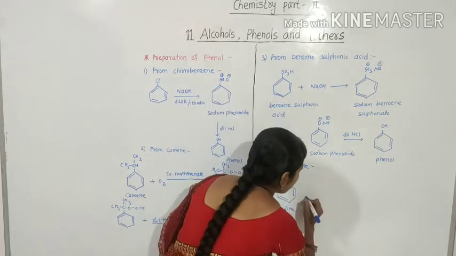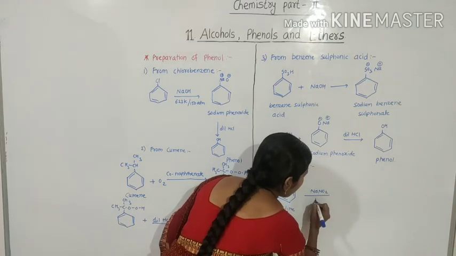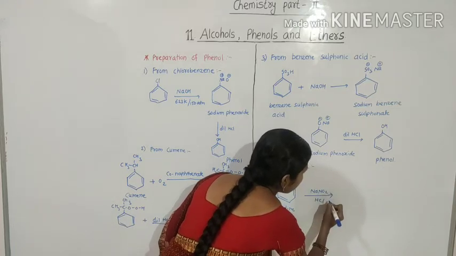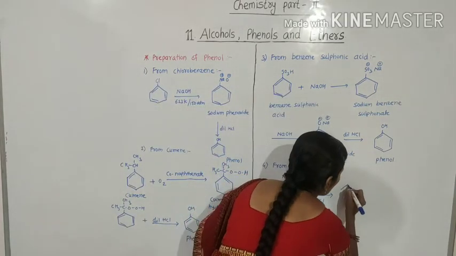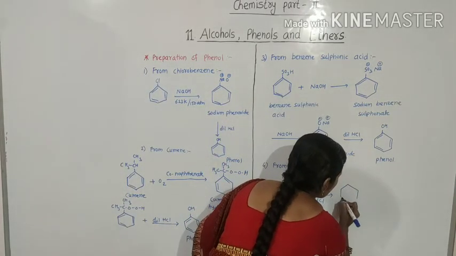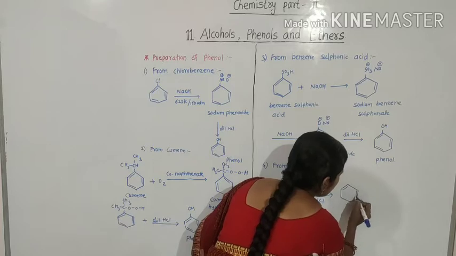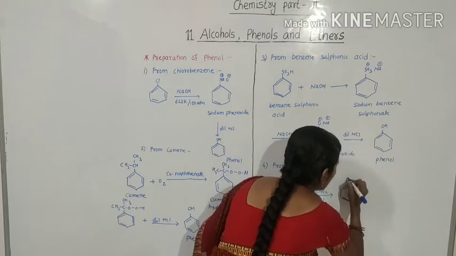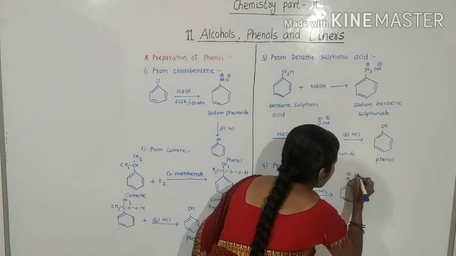Aniline is treated with NaNO2 plus HCl to give benzene diazonium chloride, N2 plus Cl minus.